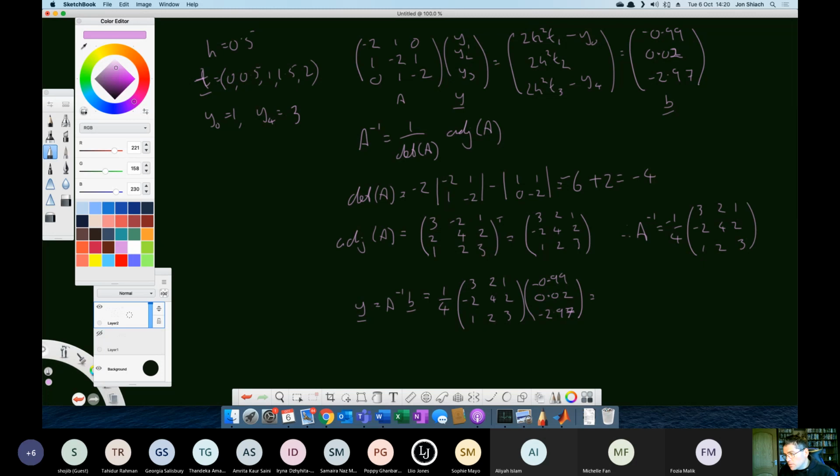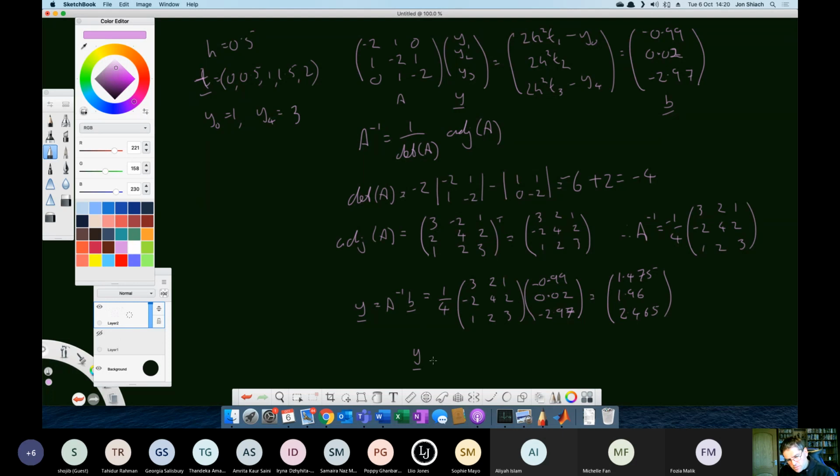If you do the sums, we get 1.475, 1.96, and 2.465. So those are the solutions to y1, y2, and y3.